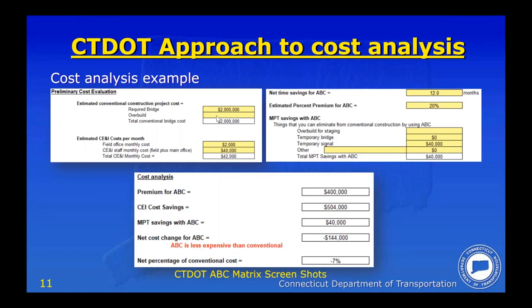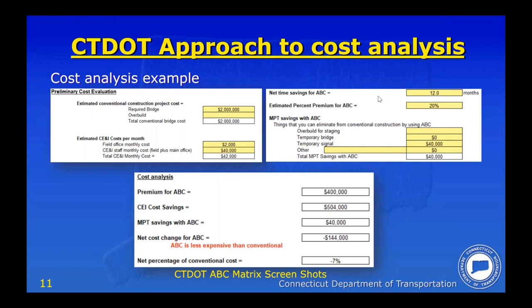There's no overbuild required for the conventional option here. For the estimated construction inspection, though, it is $2,000 in this case for the monthly office cost, and then $40,000 a month for two engineers here, that would be associated with the project for a net of $42,000.